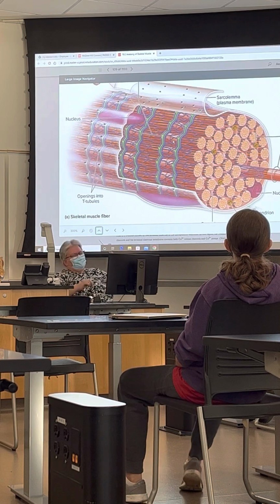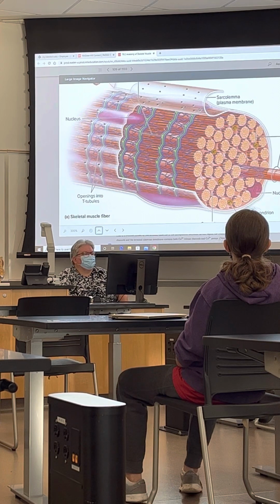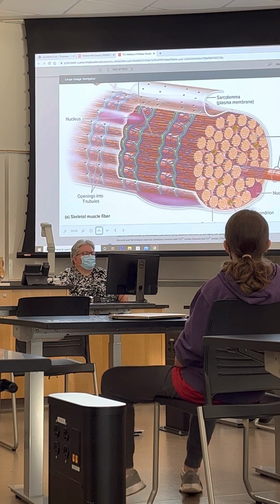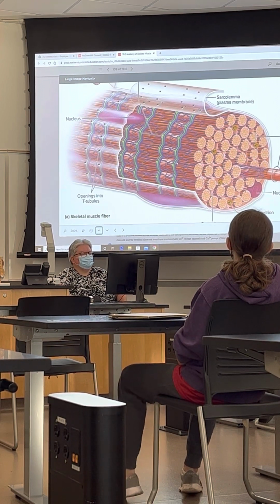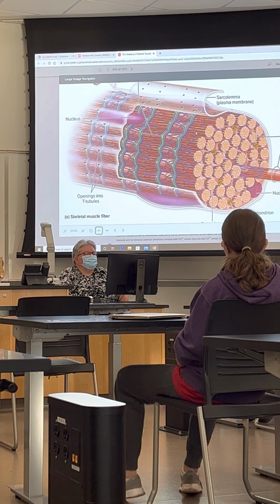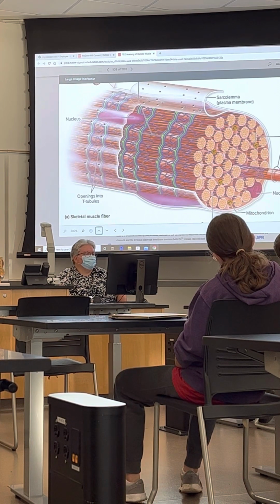Okay, here we have our muscle cell. And you'll notice there's this network here. There's this green tube in between these blue netty looking things. This dark blue network is the sarcoplasmic reticulum.